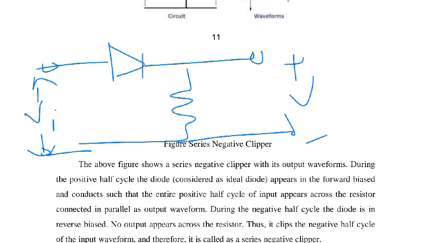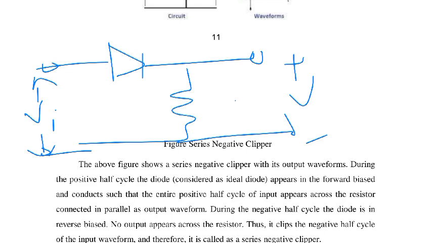The figure shows a series negative clipper with its output waveforms during the positive half cycle. The diode is considered an ideal diode. Ideal diode means the voltage drop in forward bias is 0 and the resistance is 0.